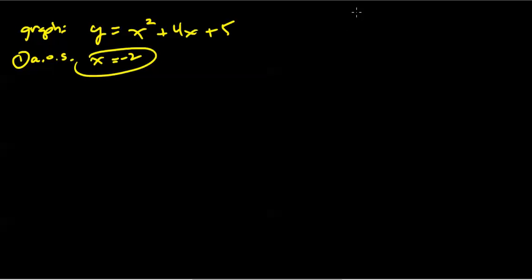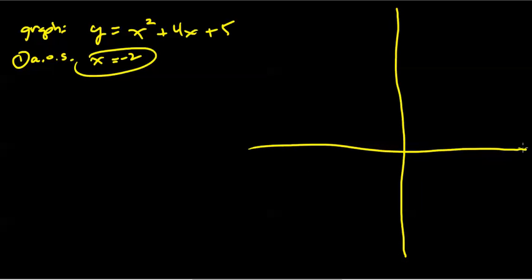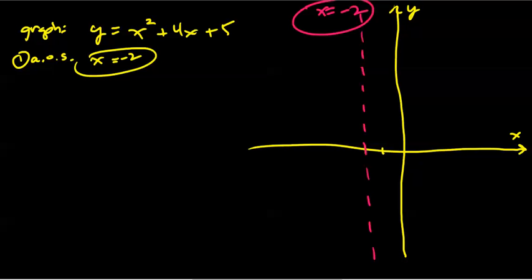Alright, so let me go ahead and start graphing this. x equals -2 puts me here. And let me go to a different color. Label the axis of symmetry, and we're ready to go on.